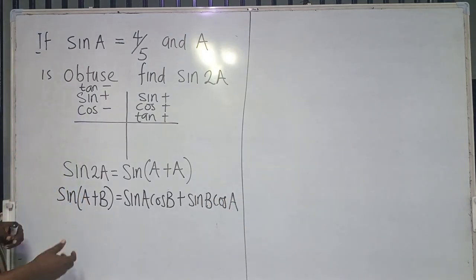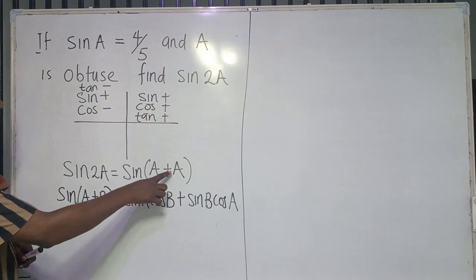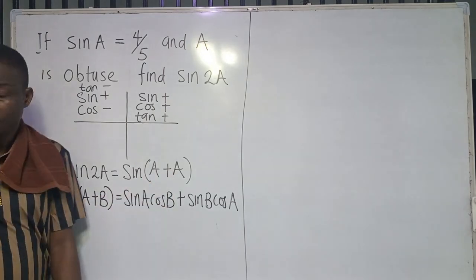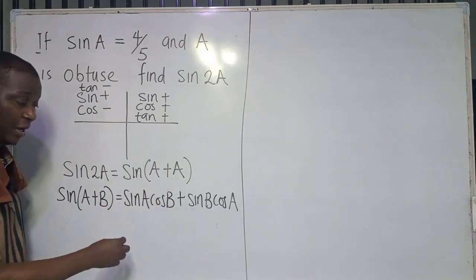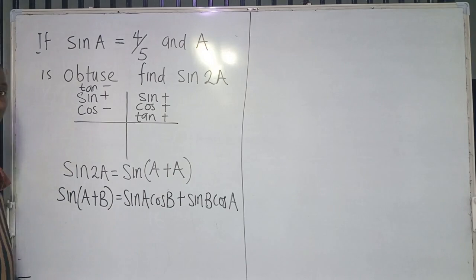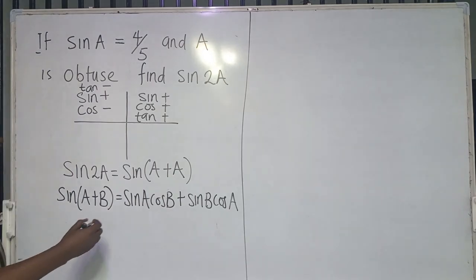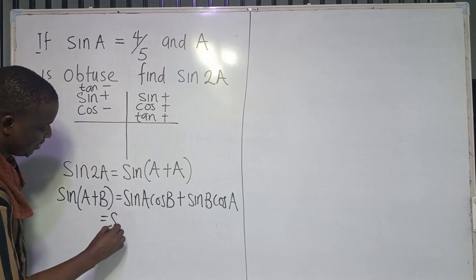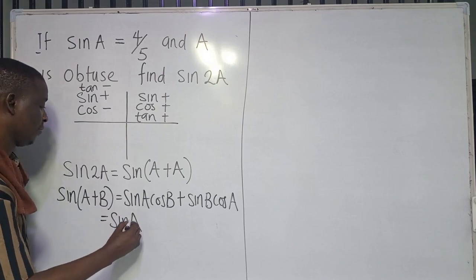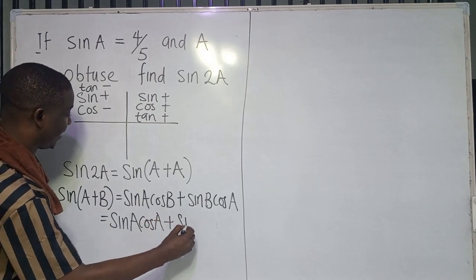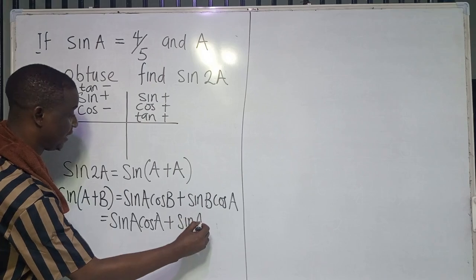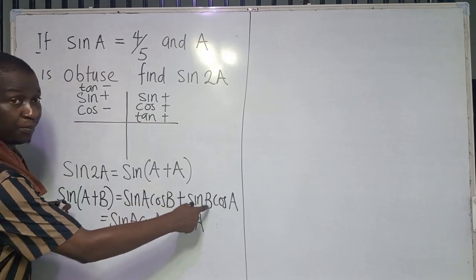But fortunately for us, B is the same as A, so in place of B we put A. So we are going to have sine A cos A plus sine A cos A, because our B is A now.